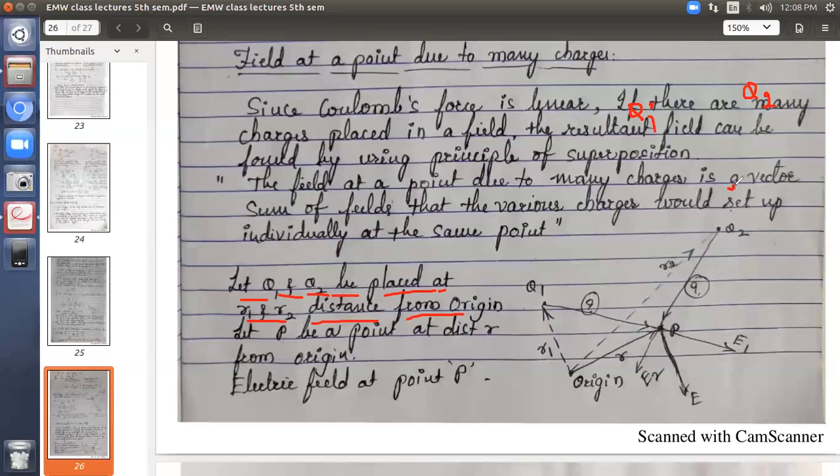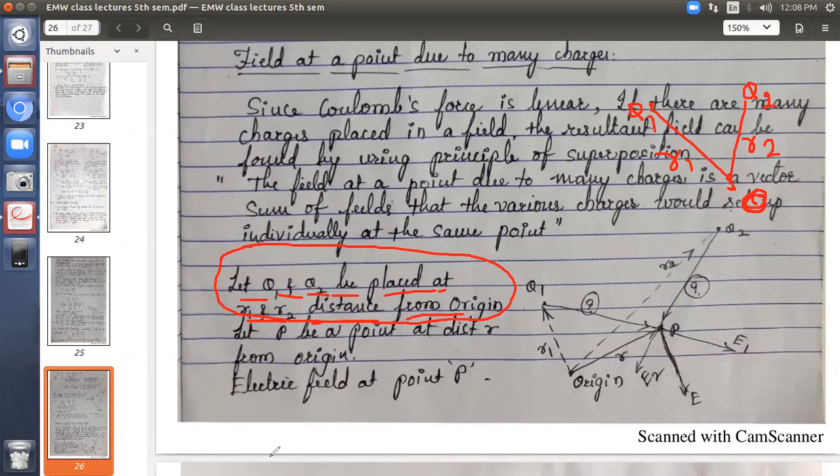Say this is your origin point O. Okay, it is not Q, it is O. The distances are R1 and R2. This is our consideration. I have drawn only this part.